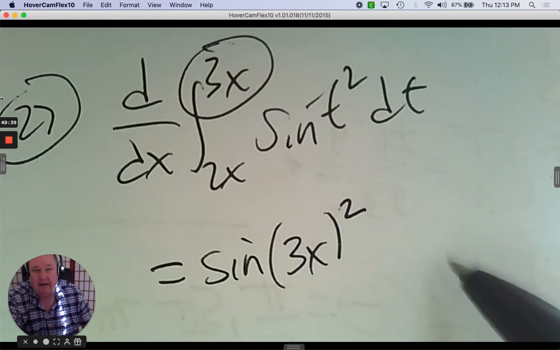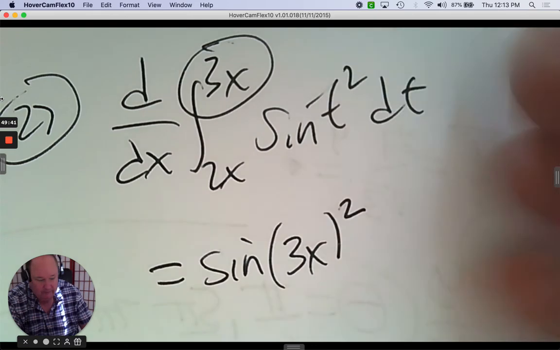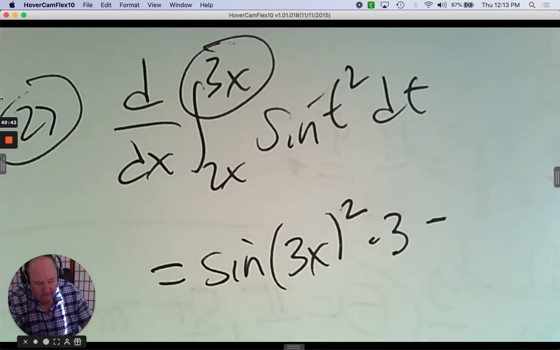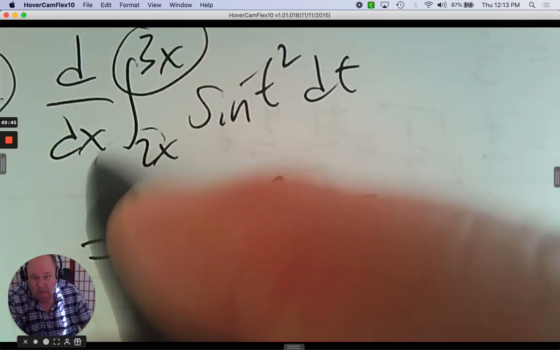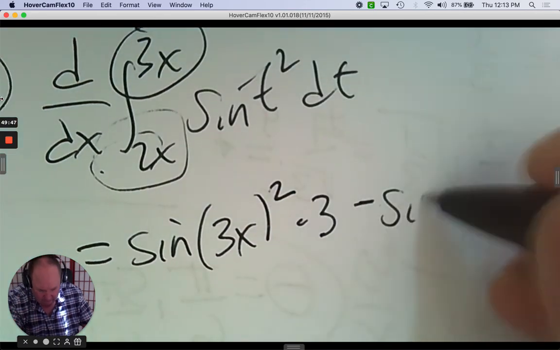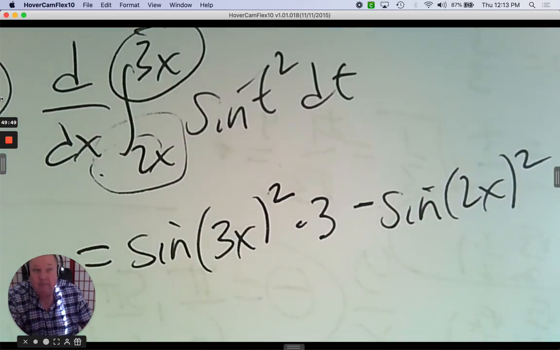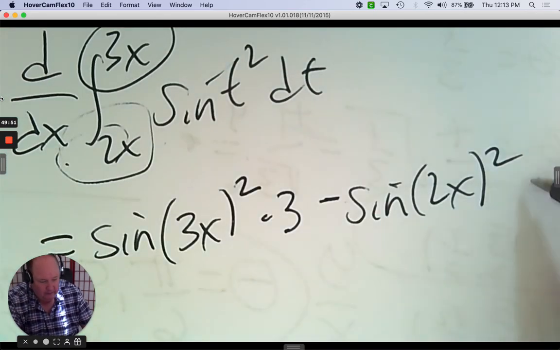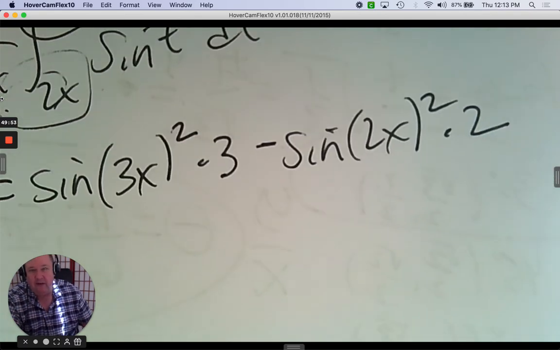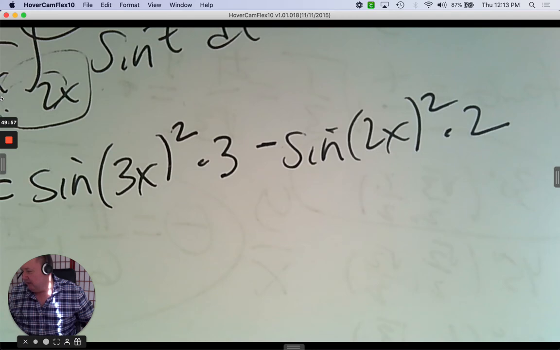And then after you substitute in, what's the derivative of 3x? It needs a hook, and then subtract. And then what do you plug in for the bottom limit? Just substitute in. Take the derivative of 2x, and there's the hook, and you have it. So that's a fundamental theorem of calculus question rather than just a trigonometry question.